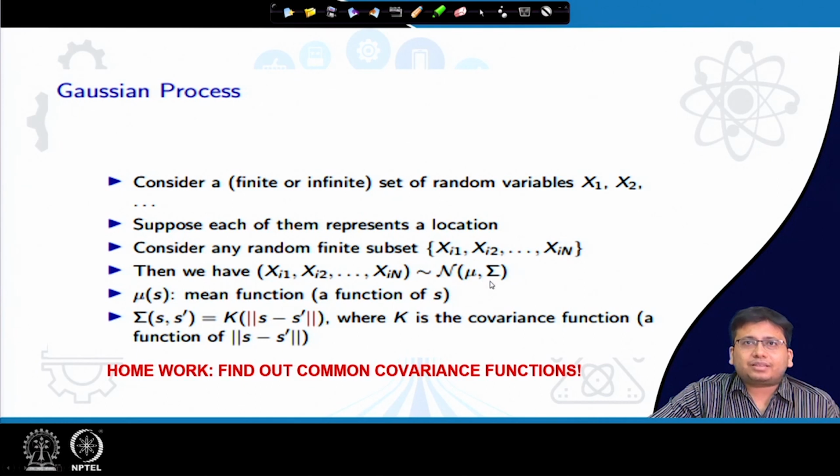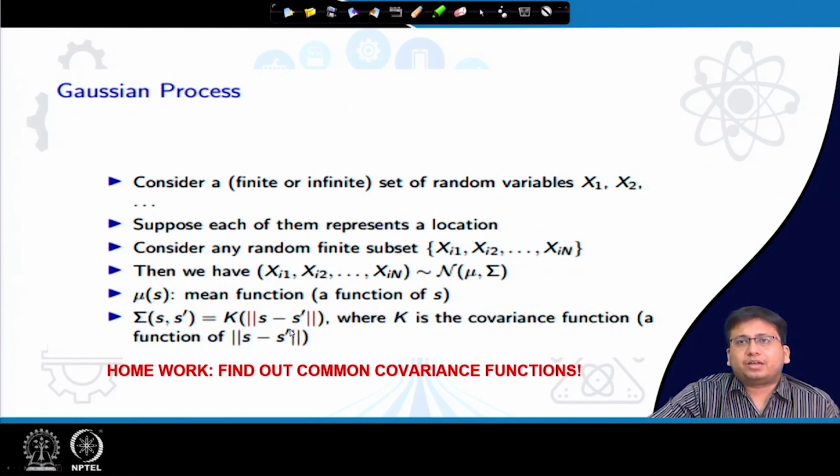This sigma has to be an n cross n covariance matrix. Rather than actually storing all the elements of the covariance matrix, I will express every element of the covariance matrix as a function. Whenever we are considering the covariance between any two variables which correspond to, let us say, locations s and s prime, we will say that their covariance is some function k of the distance between those two locations.